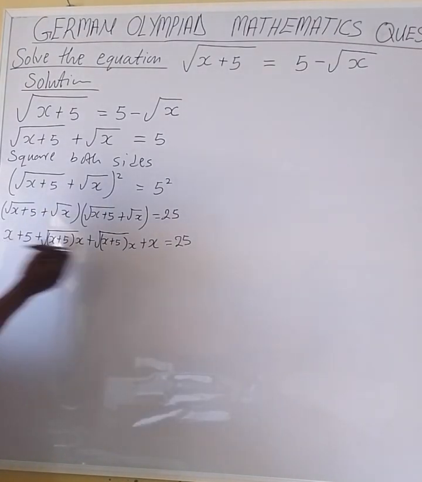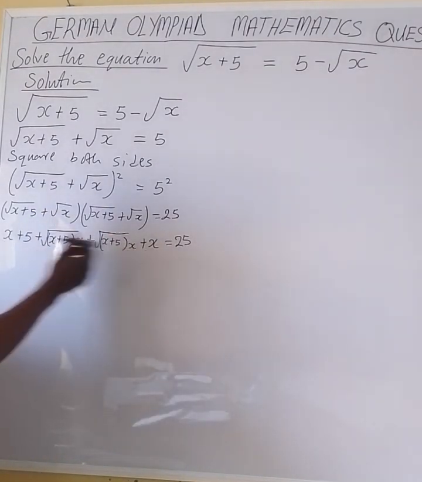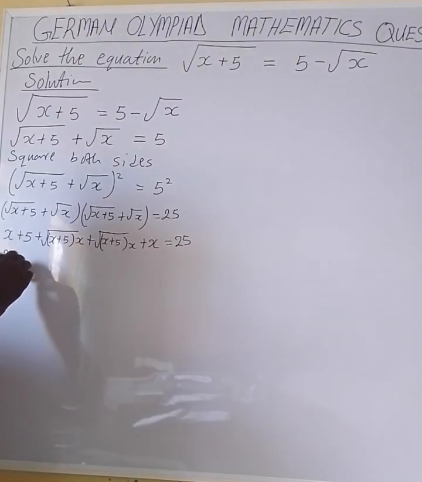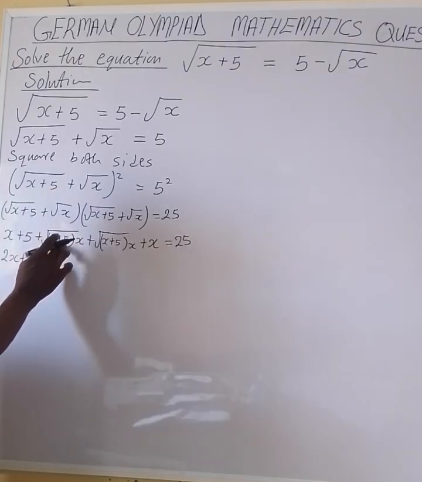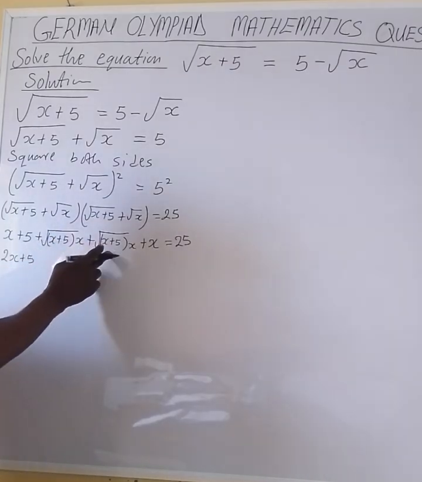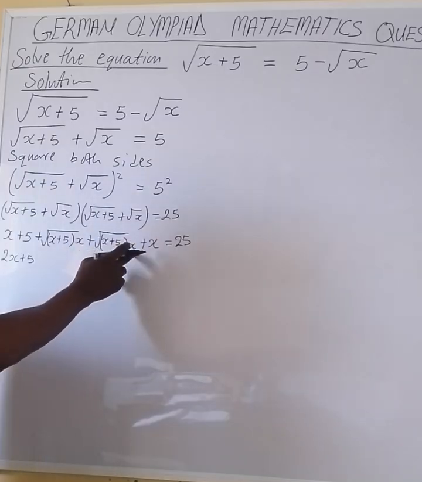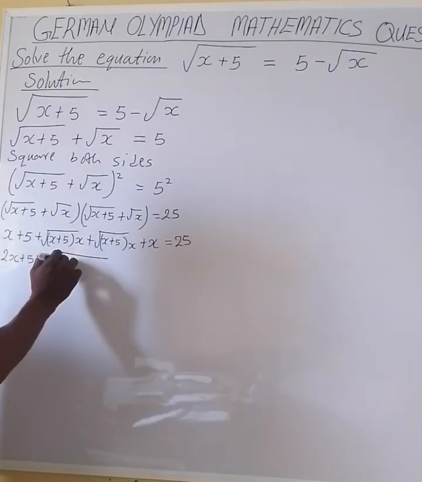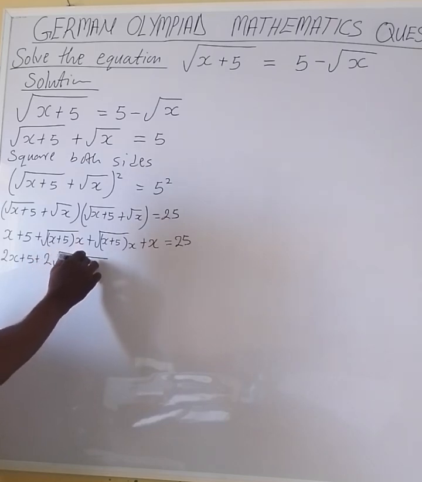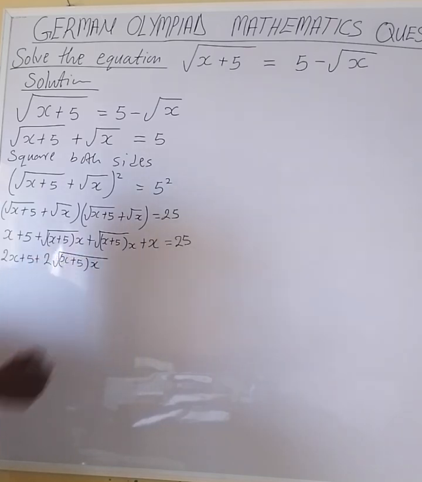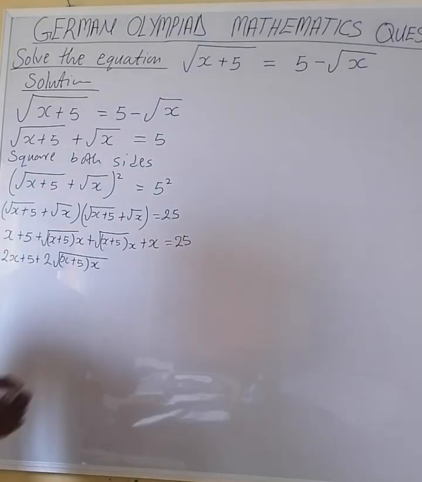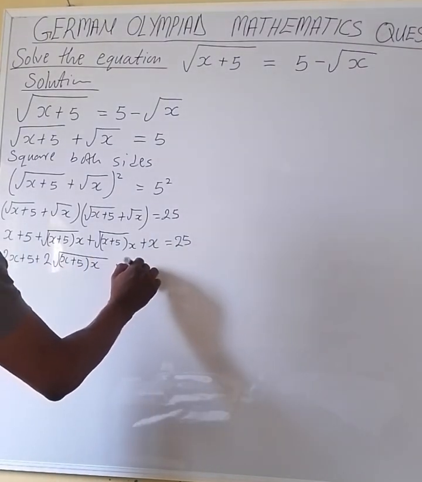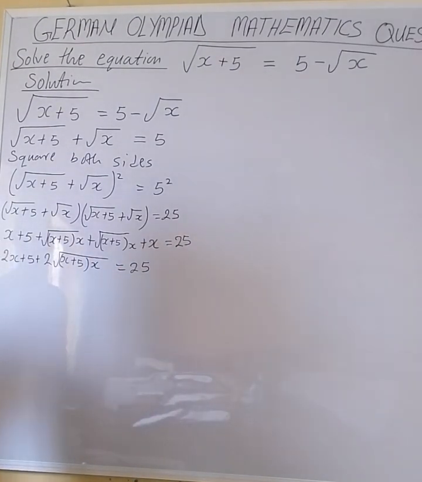From there, we will collect like terms. We have x here and x here, so x plus x will give us 2x plus 5. Are we together? Then square root of x plus 5 into x plus square root of x plus 5 into x will give us plus 2 into square root of x plus 5 into x, because we are adding the two together, equals 25. Are we together now?